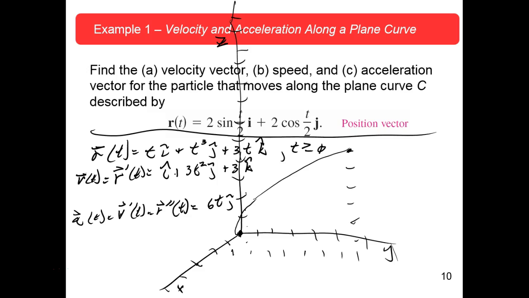Okay? Now, they say find these at t equal what? 1. So v when t is equal to 1 would be what?